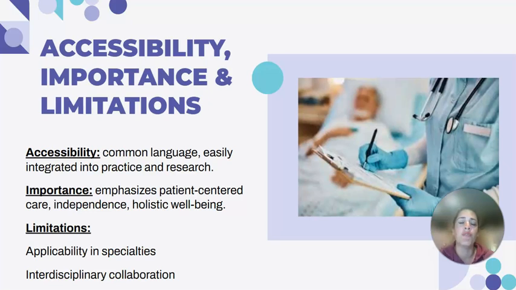We have PT and OT specialists, we have social workers, we have all sorts of different collaborations. It's really important to patient care, but it would probably be hard for them to use this framework. So it's going to be important for us to keep that in mind, really know our patient's needs, and try and relay it on to everybody else. So those are the limitations that I would say this theory has.